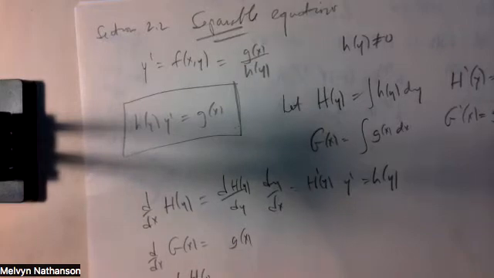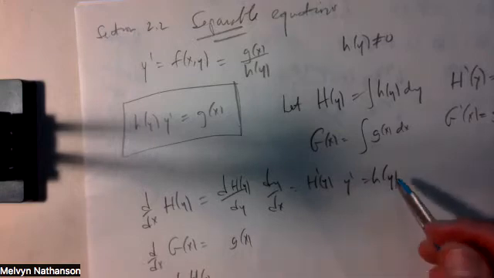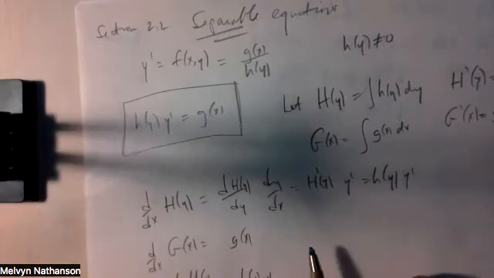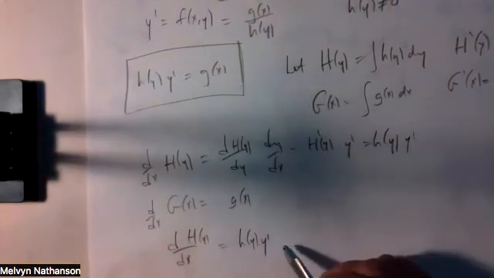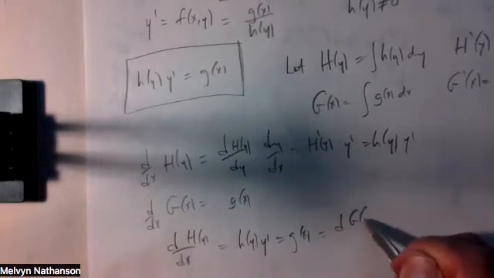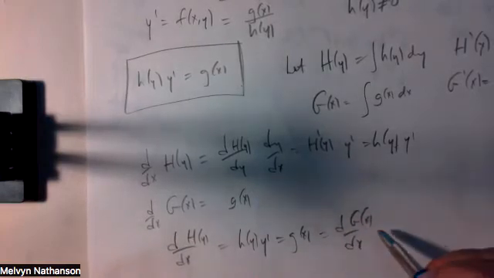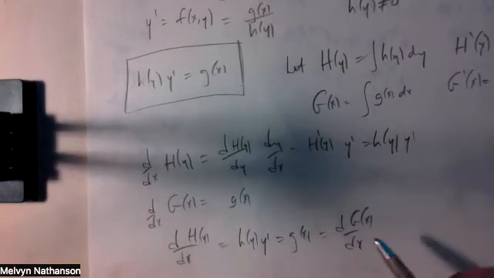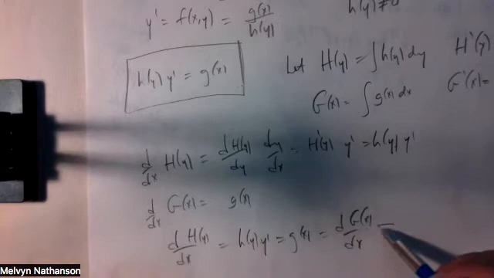So what we have is that the derivative of capital H with respect to x is h of y, y prime. That is g of x, that's our equation, which is the derivative of capital G of x with respect to x. In other words, the derivative of capital H of y equals the derivative of capital G of x.